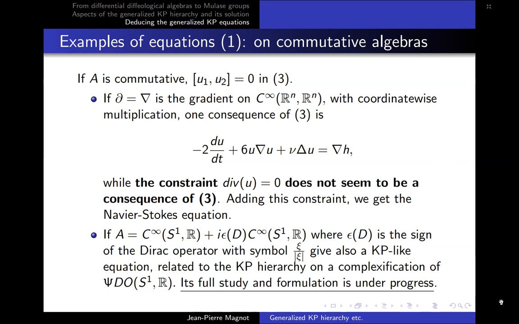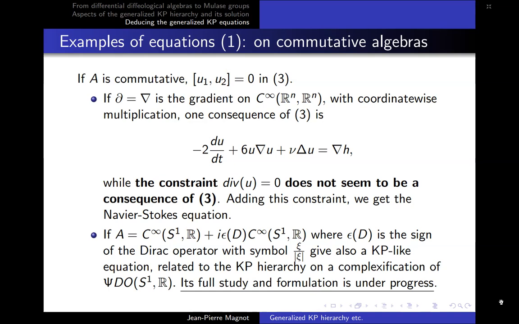Another example comes from a very different setting. When we consider CDO of S1R, it is possible to embed it into another class of formal pseudo-differential operators, which is also a class which is used in the literature.